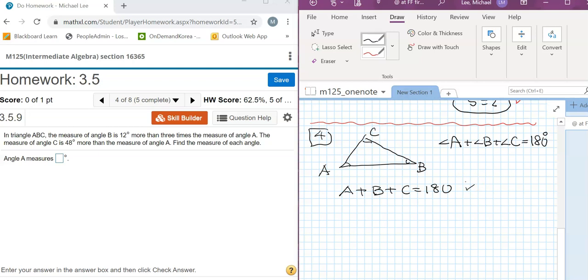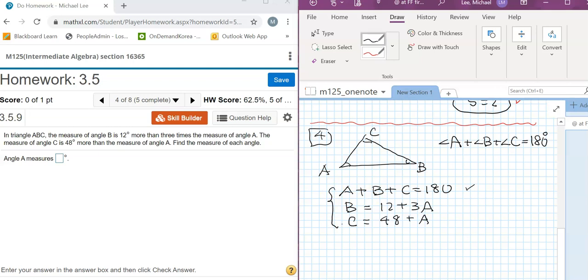The second equation: the measure of angle B is 12 more than 3 times angle A. And the measure of angle C is 48 more than A. We have these 3 equations.